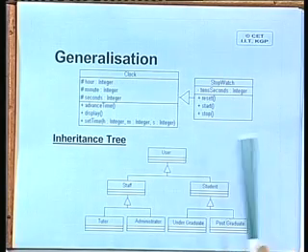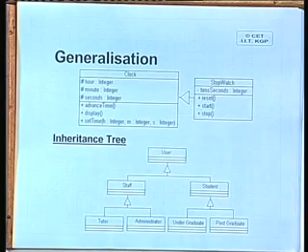So how many attributes will the stopwatch have? 4. 3 it will inherit, that is hour, minute and second, and the 4th one is its own. Similarly, it will have 3 plus 3, 6 operations defined for it.